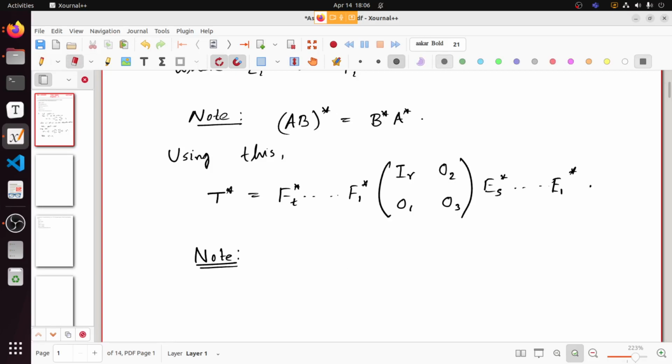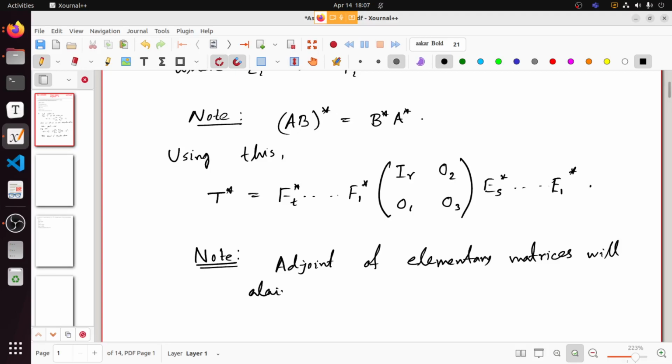The adjoints of elementary matrices will again be elementary matrices.